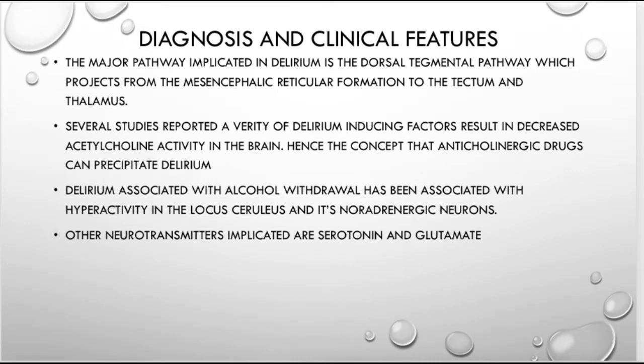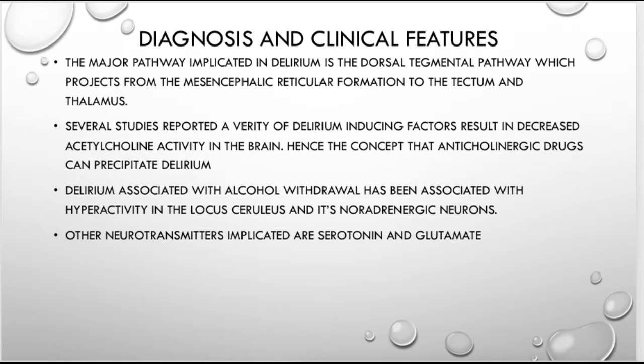Diagnosis and clinical features. So the major pathway implicated in delirium is the dorsal tegmental pathway, which projects from the mesencephalic reticular formation to the tectum and thalamus. So that's your major pathway. Again, reticular formation or reticular activating system, probably the most important one in this case to remember.